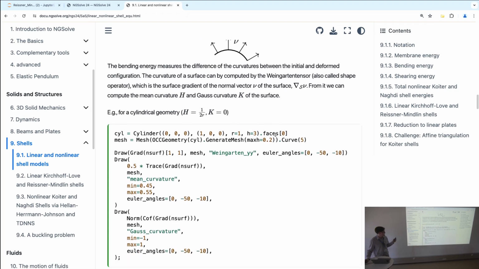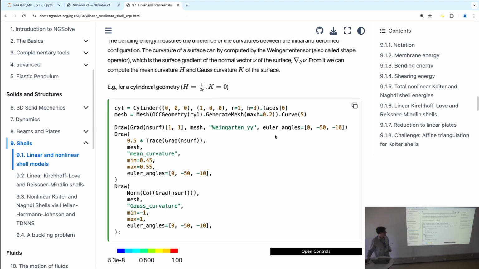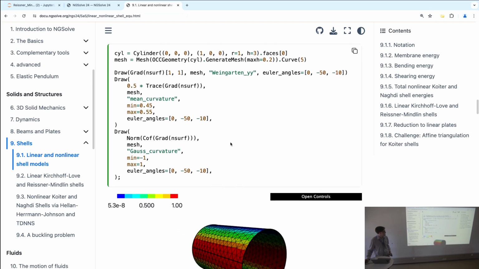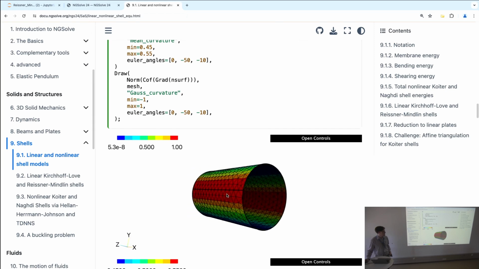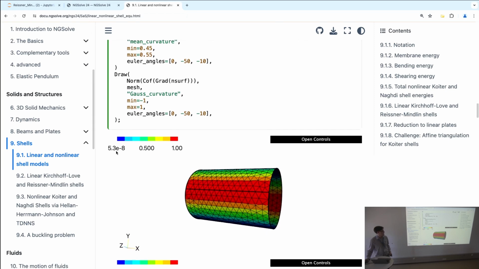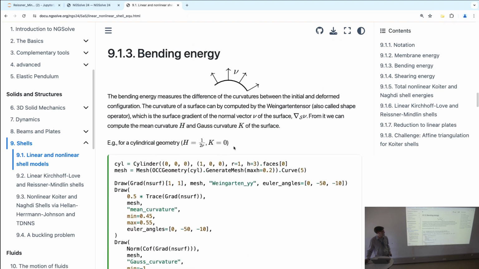And so on Wednesday, I think I will talk more about curvatures. So I don't go too much into details, but we now have nice tools to compute curvatures on different geometries. So for example, if I have a cylinder here, then I know that the mean curvature is 1 over 2 times the radius, and the Gaussian curvature is 0.